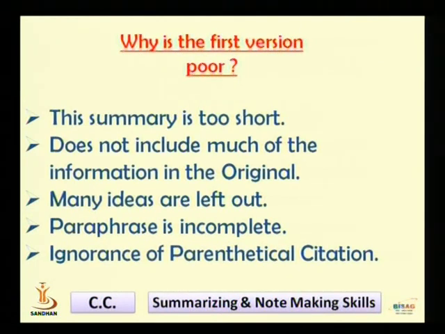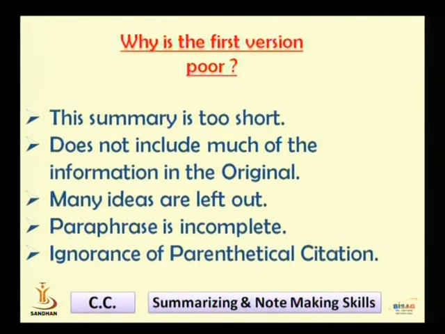Why is the first version poor? I readily accept this because the summary is too short. There is no topic sentence in the beginning, the opening section.